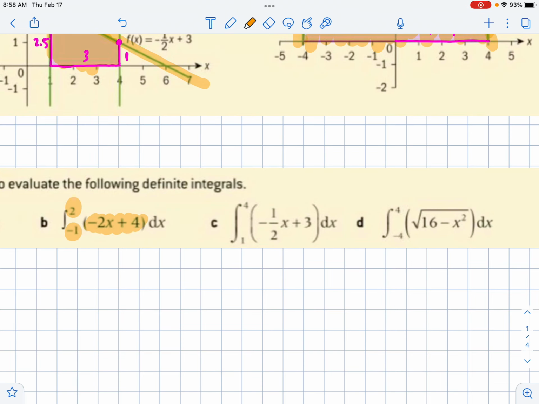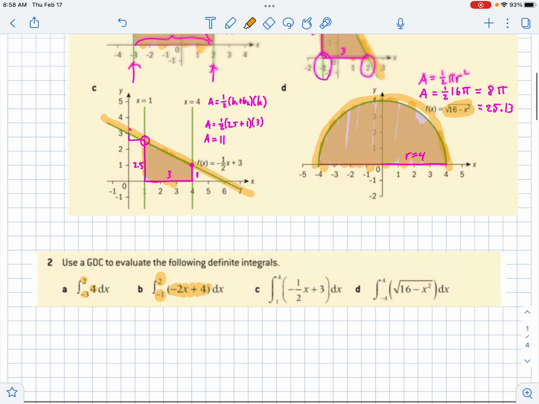Starts at negative 1, stops at 2, here's the function. So each of these has a left bound, a right bound, and then the thing in the parentheses that you're integrating is the actual function. For instance, with the circle one, it goes from negative 4 to positive 4, and the curve is the square root of 16 minus x squared.